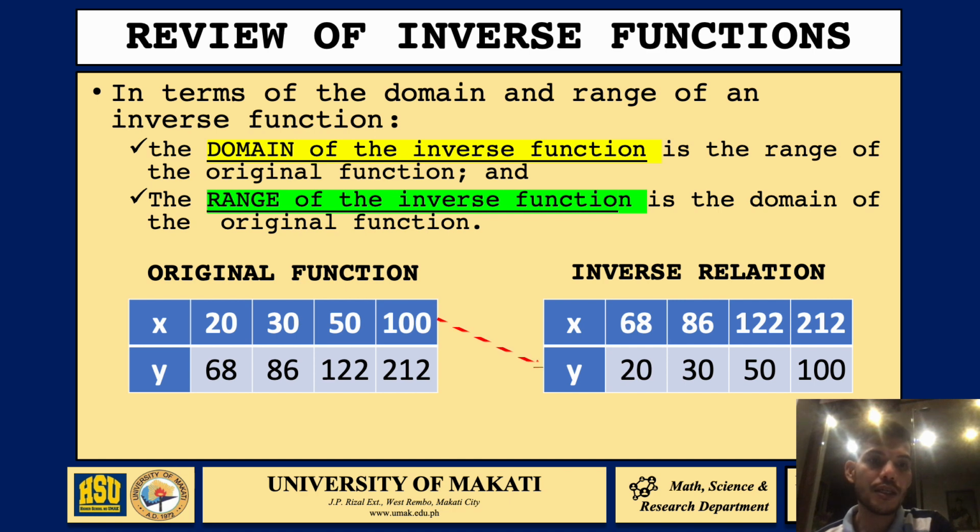As you can see, the domain of the original function is the range of its inverse, and the range of the original function is the domain of the inverse.